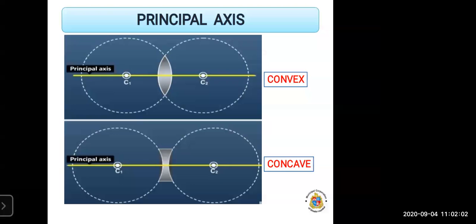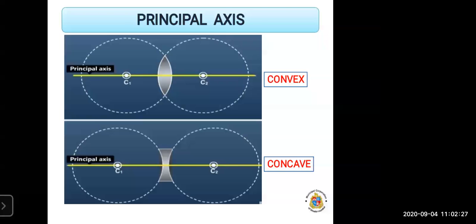So surfaces of lenses are prepared from parts of the sphere, and the imaginary line passes through both centers of curvature, C1 and C2. This imaginary line is called the principal axis. Okay, so remember this point, it is very important.